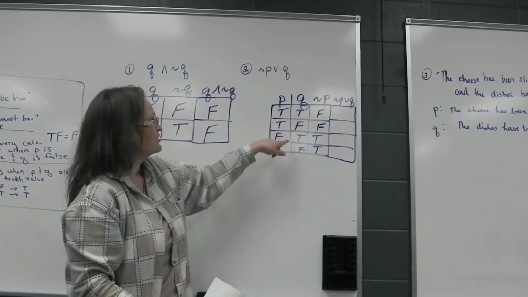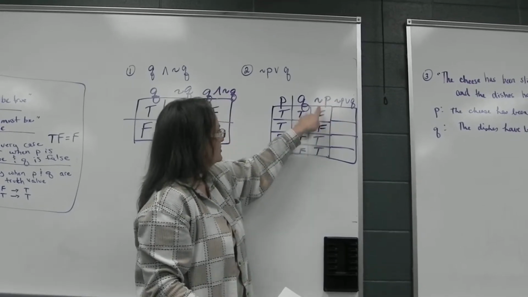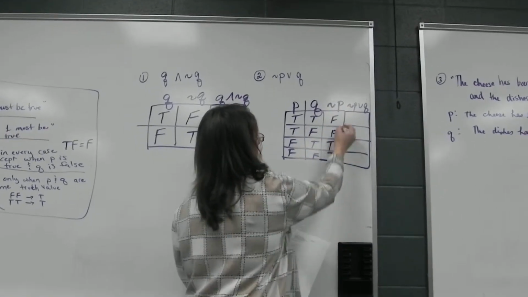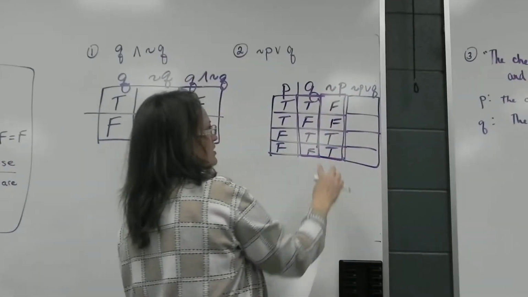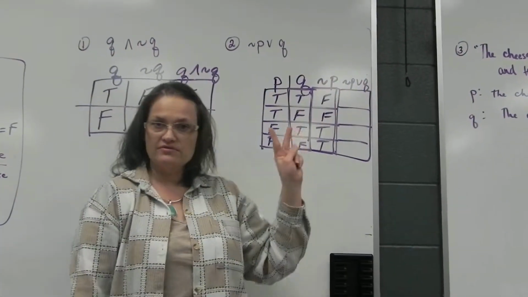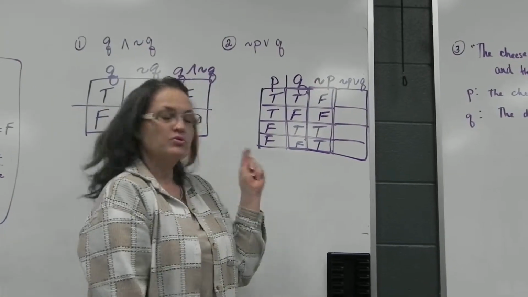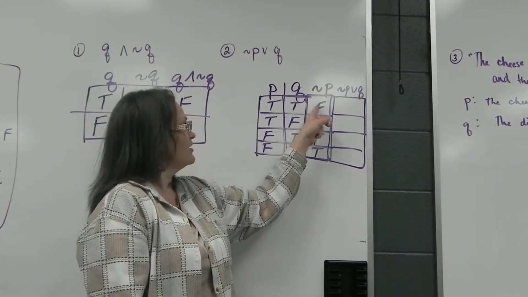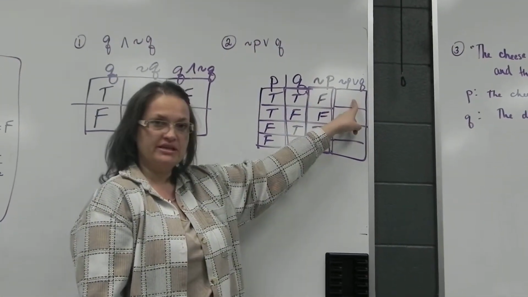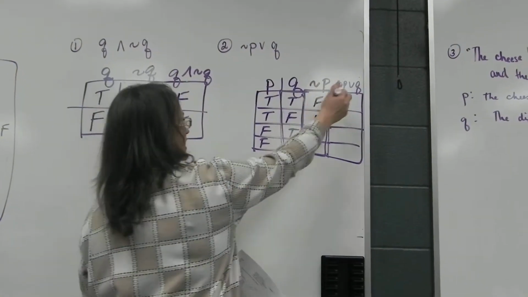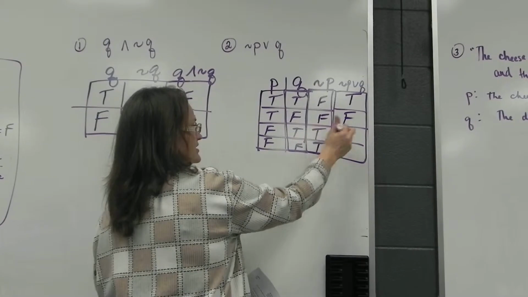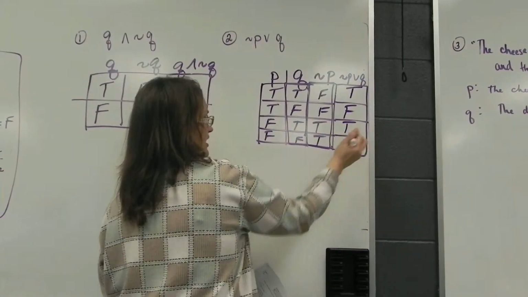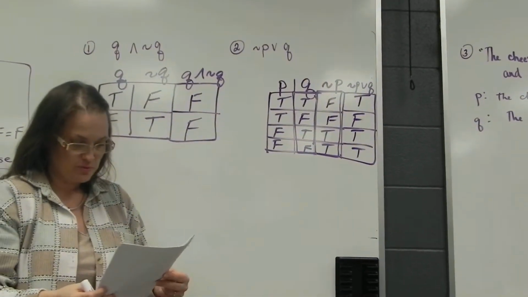Referring back to what you've already filled in, focusing on the not P column and the Q column, and notice it's the V, so that means or. Remember the rule for or says as long as either one of these is true, we'll put a T. So T and F would be T, F and F, that's not true. T and T is okay, and F and T is okay. And then that fills in your truth table.